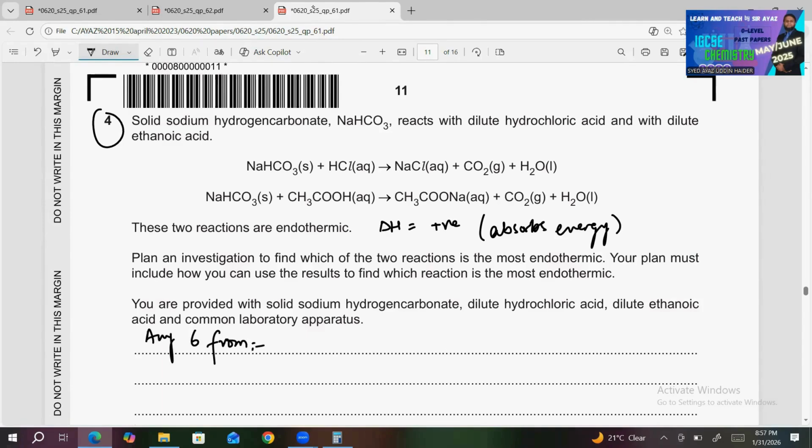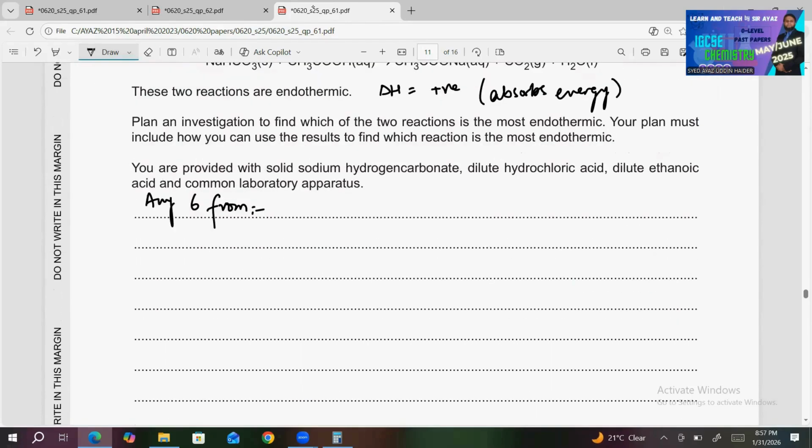So how I'm going to start? I have to take the known mass of sodium hydrogen carbonate in each case. So you'll write take known mass of sodium hydrogen carbonate. What else you can write?